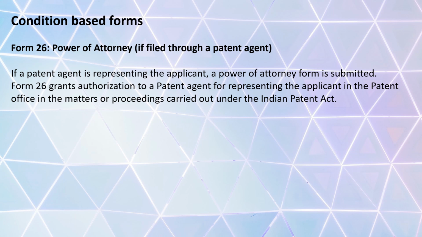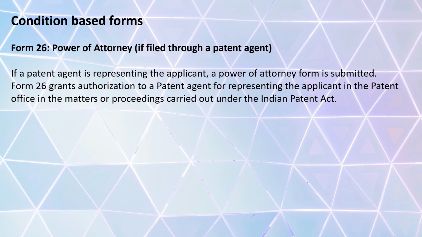Now, you can file a patent application directly, by going to the patent office or through the Indian Patent Office e-filing portal. Or the second option is you can get the application filed through a patent agent or a patent attorney, and they will file the patent application on your behalf, and they will do all the activities on your behalf.